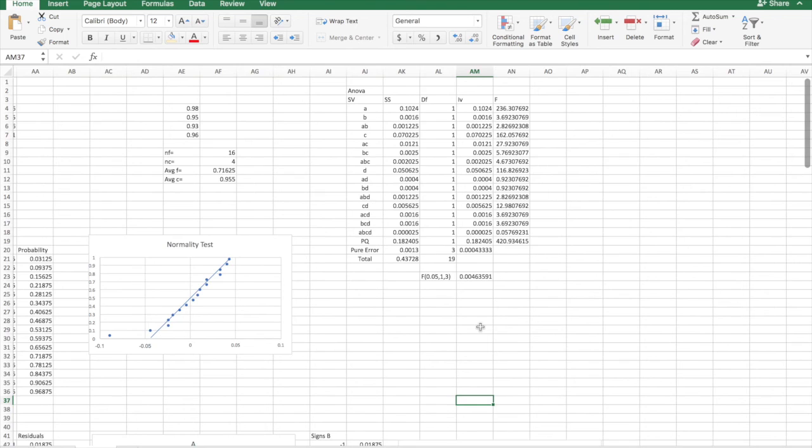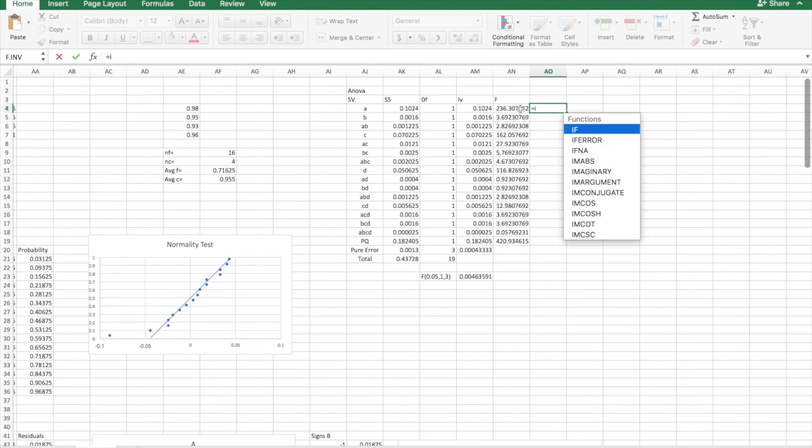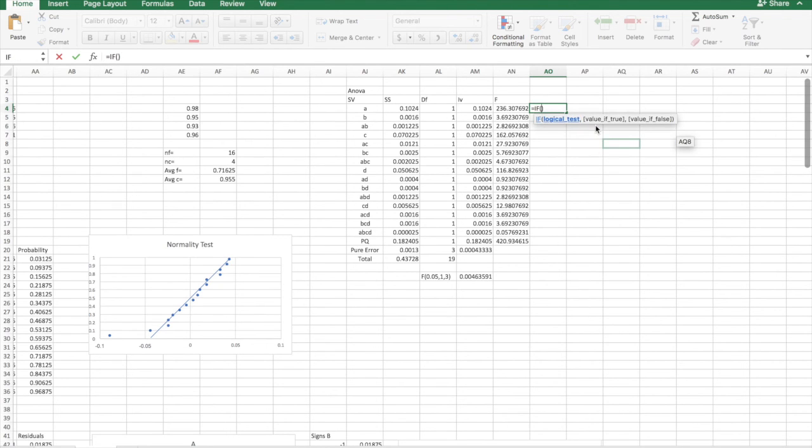So apparently, we compare if this one is larger than this one, we reject H0.